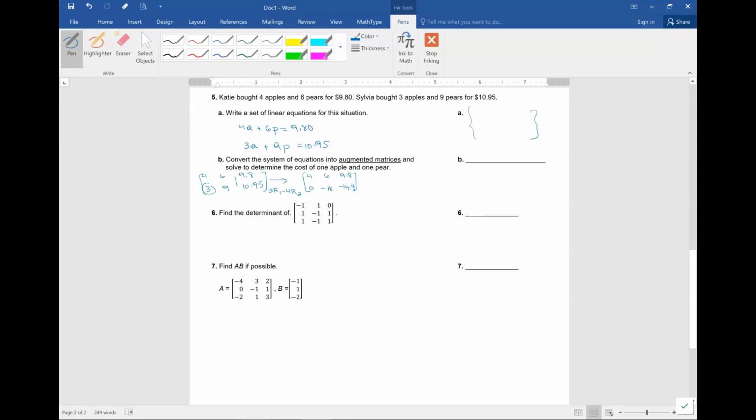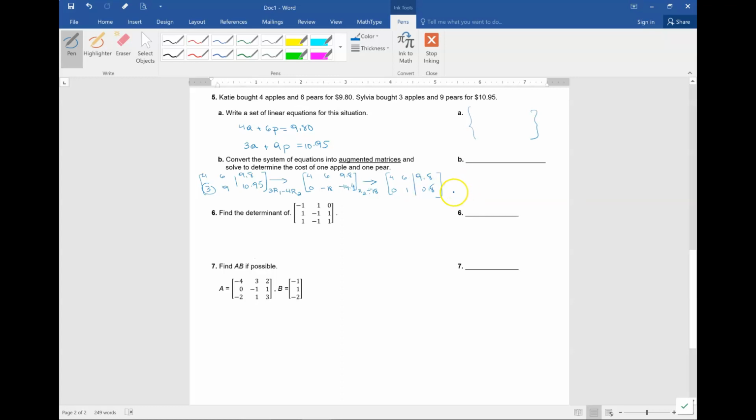So when we divide row 2 by negative 18, I get 4, 6, 9.8, 0, 1, and then what do we get there? Negative 14.4 divided by negative 18, 0.8.